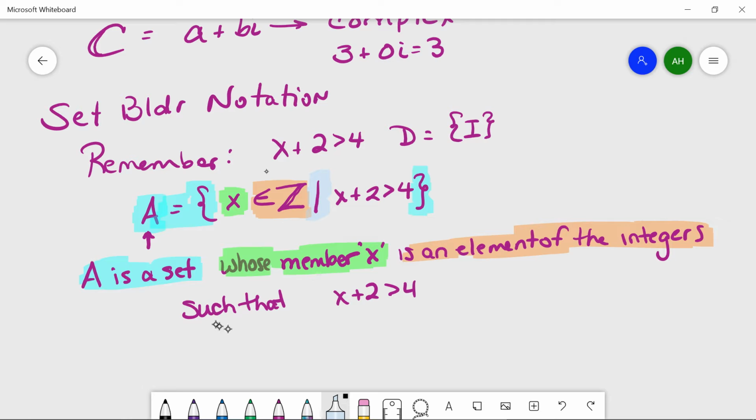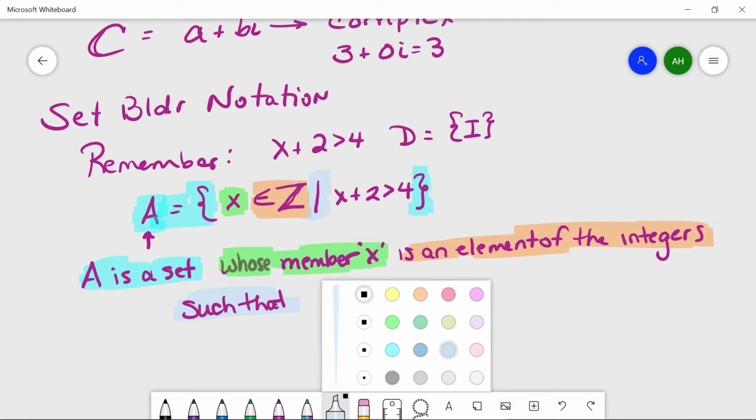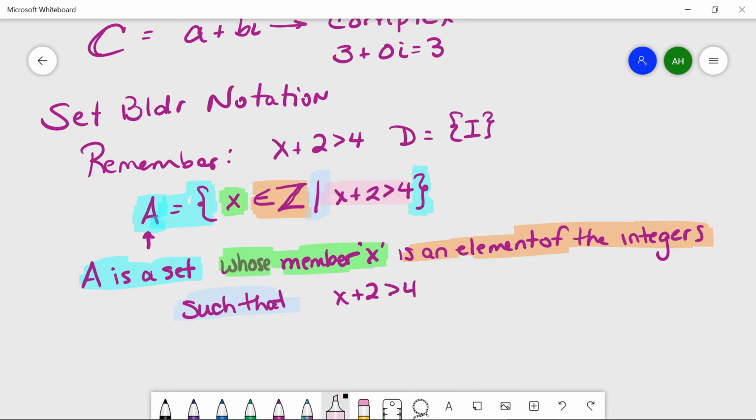This line right here means such that. And then obviously here at the end, the x plus 2 is greater than 4.